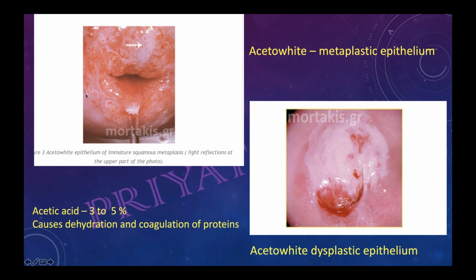See this line where I'm running my cursor. This is the old squamocolumnar junction, and this will be the new. This area from here to here is the whole transformation zone. Now with this picture, is the transformation zone thing clear, people?